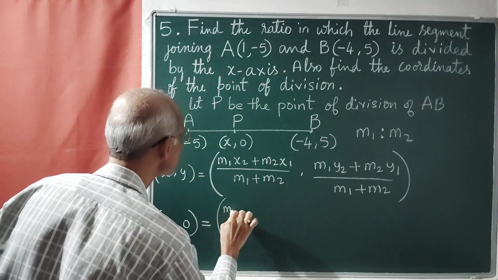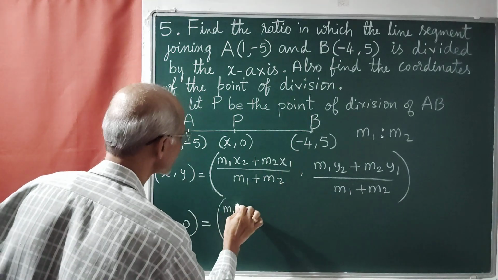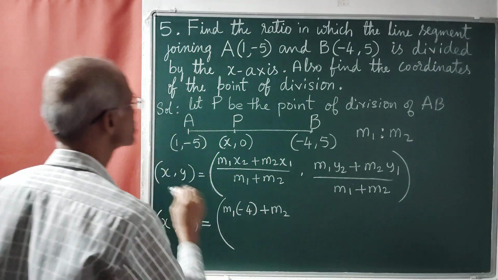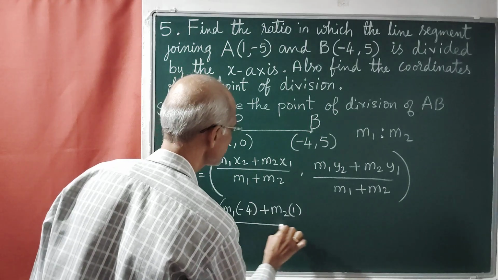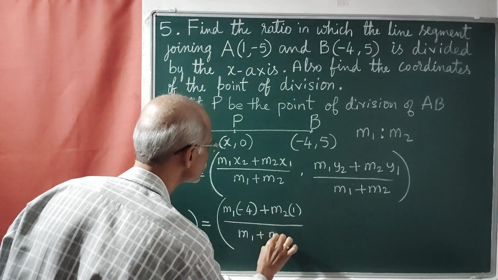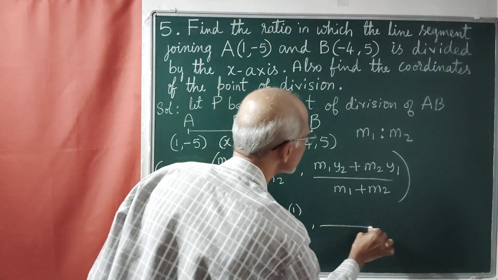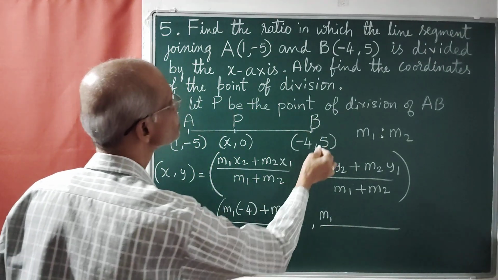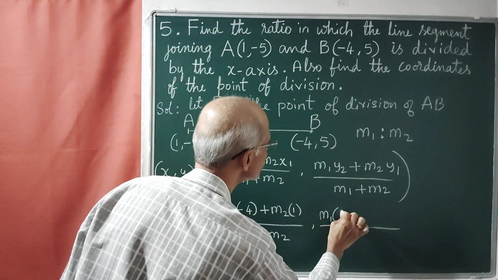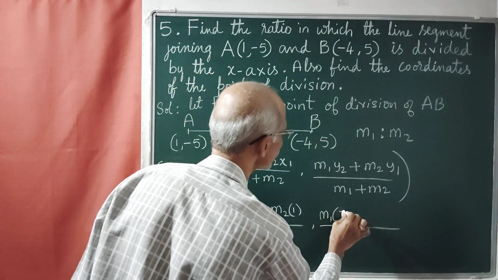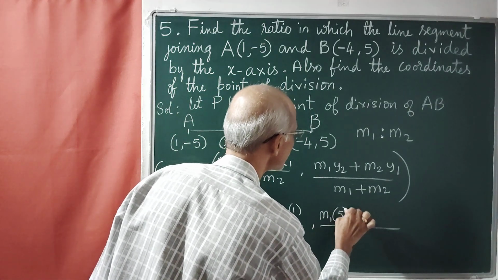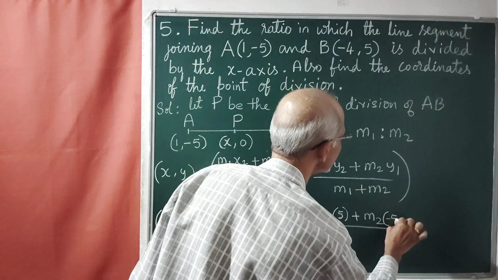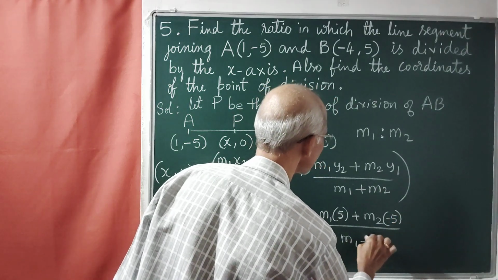So m1 into x2, which is minus 4, plus m2 into x1, which is 1, divided by m1 plus m2. m1 y2, so m1 into 5, plus m2 y1, y1 is minus 5, divided by m1 plus m2.